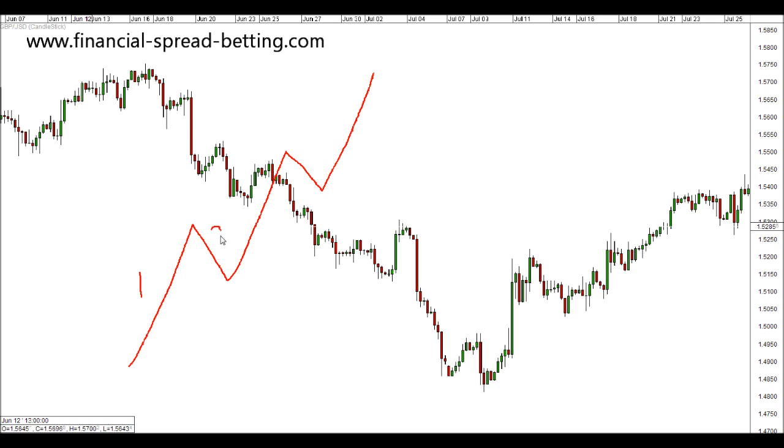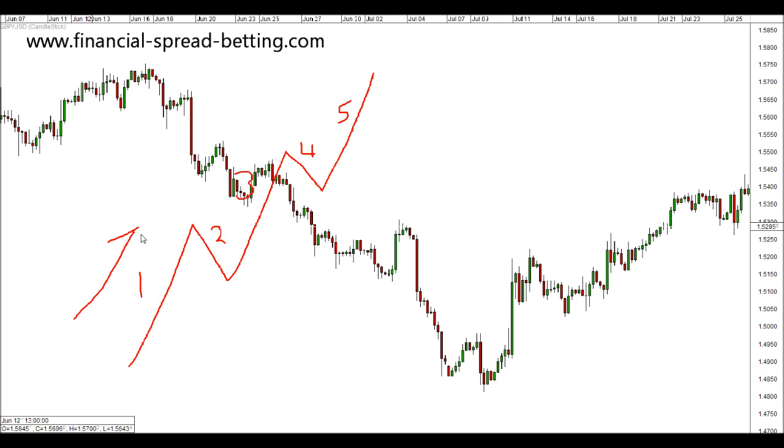And these pushes and pullbacks would be numbered: 3 pushes and 2 pullbacks. And these pushes and pullbacks under the Elliott wave theory are referred to as waves. So we have 3 waves on the upside and 2 waves on the downside.